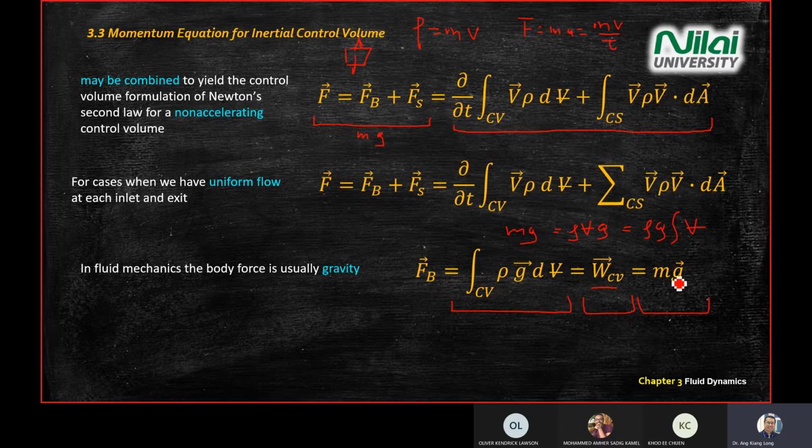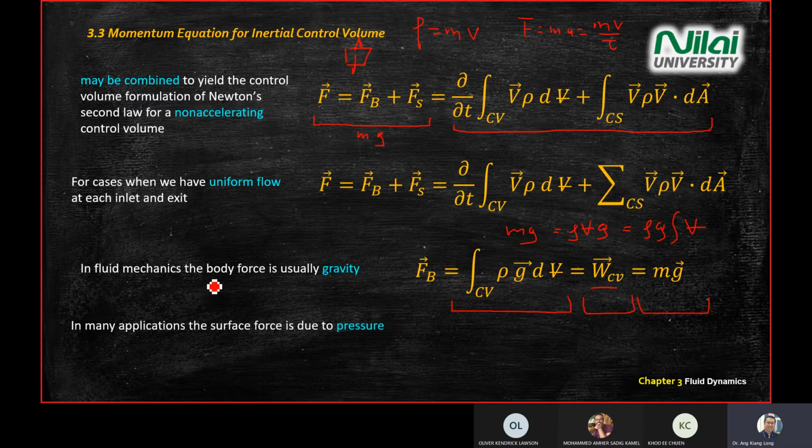Sometimes you can use mg straight away, but if you build a control volume, you are forced to use the control volume form. Most of the time you will use the first form here. And sometimes the weight of the control volume will be given in the question, and you just substitute the value as the body force.